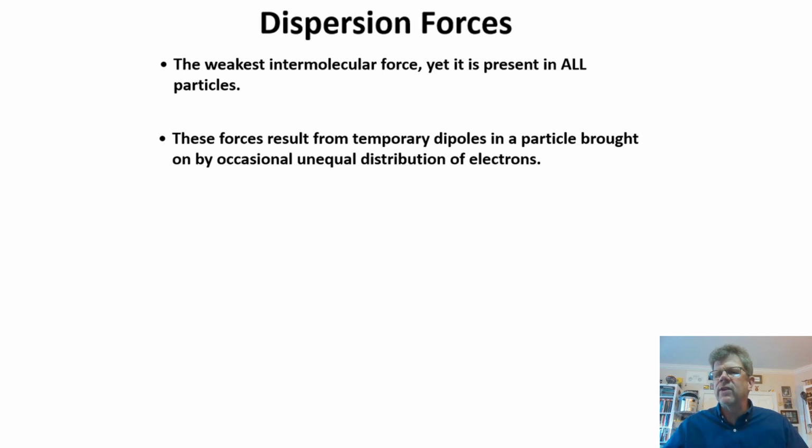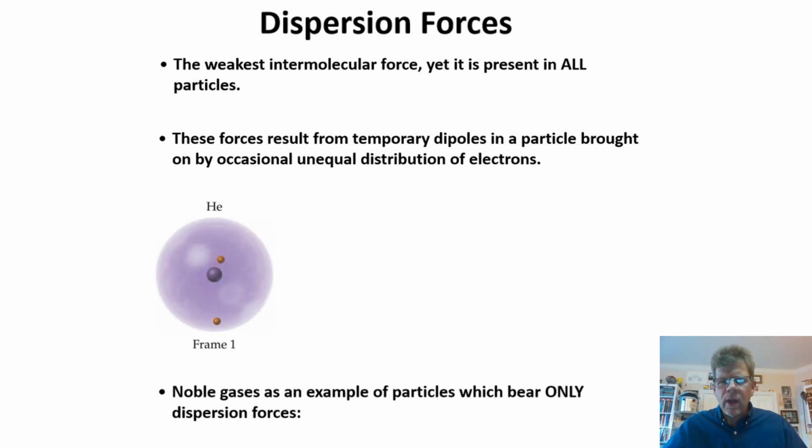So let's look at a good example of a type of particle that will bear dispersion forces. Noble gases, in general, are an example of particles which bear only dispersion forces. And here we have the example of helium. Helium is an atom where we have our nucleus here and a boundary within which helium's 2 electrons can frolic around, if you will.